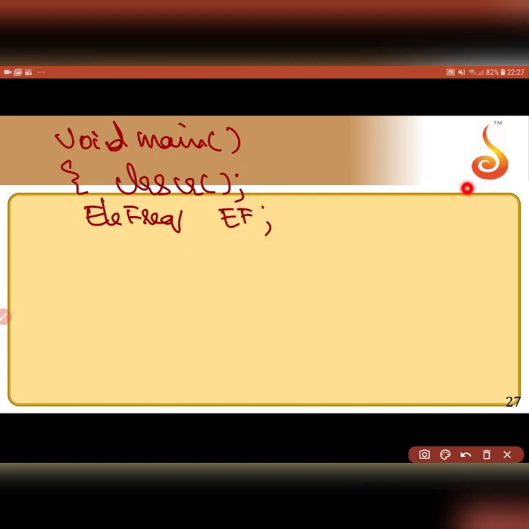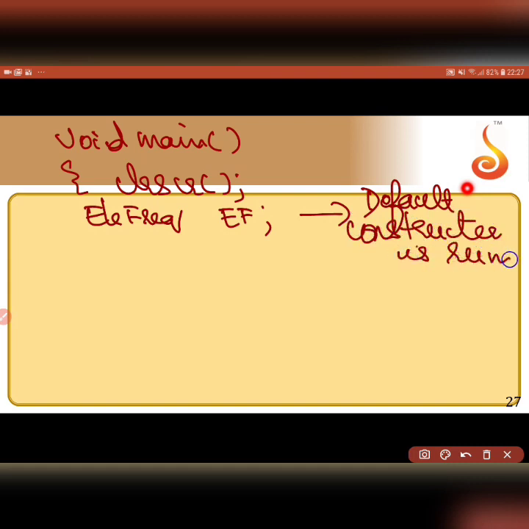Then, once this line, what happens? The default constructor gets executed and the value of count is initialized. The count variable is initialized to 0. Default constructor is run, right?